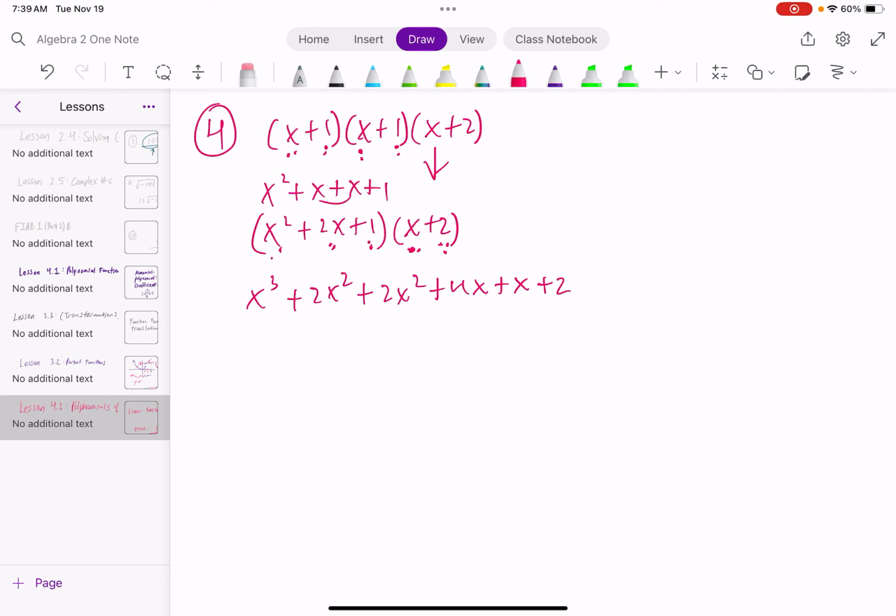See the pattern? x cubed, and then these two combine, plus 4x squared plus 5x plus 2. All right.